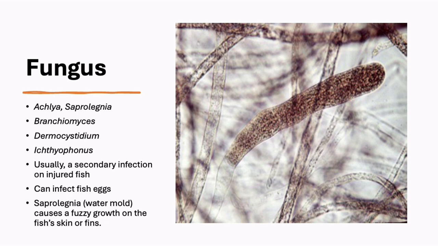Fish eggs can get infected with fungus, usually the Saprolegnia, and often there's some unfertilized eggs mixed in with the fertilized eggs. The unfertilized eggs will start getting fungus. Once that fungus starts growing on them, the fungus will spread to the other eggs around it, including the fertilized eggs.